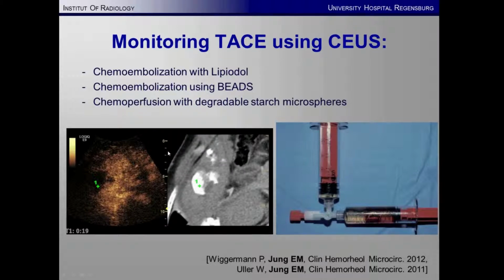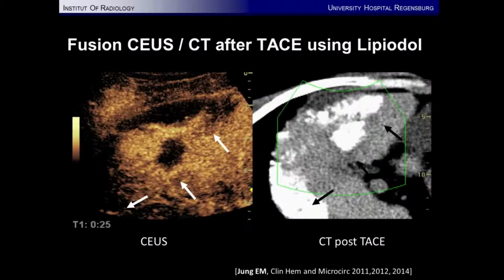In this case, you have a very difficult case with 3 tumor lesions. And the aim was to use lipiodol for excellent selective embolization of all these tumor lesions in combination with monitoring using contrast-enhanced ultrasound. And it went excellently. Look at this fusion after this embolization.